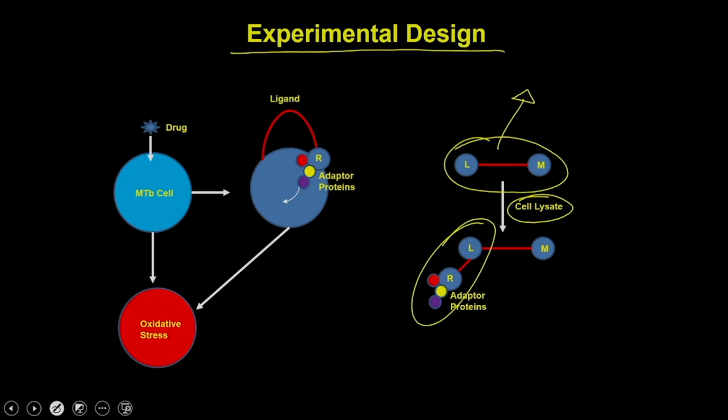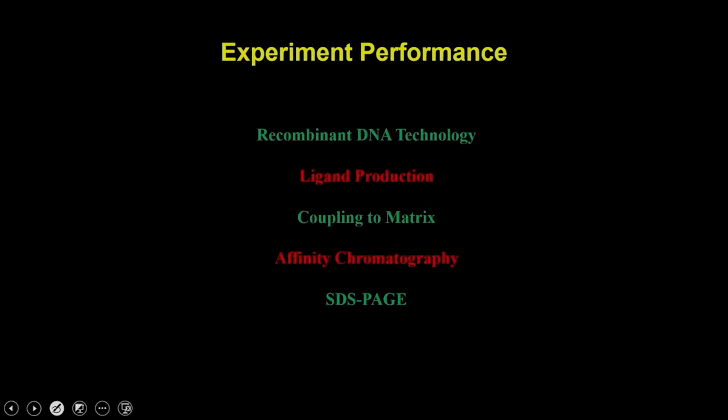Then you can isolate these components and answer the question of which adapter proteins are present, and that is going to give you the complete information about the adapter proteins.